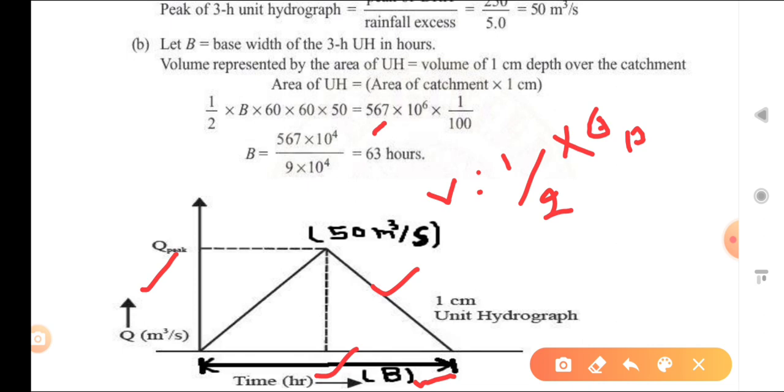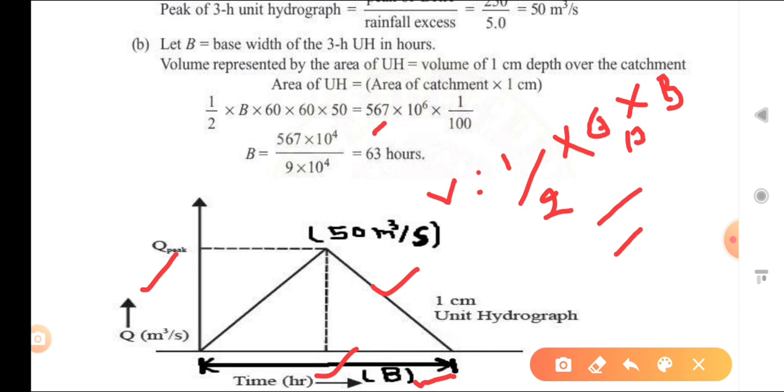Okay, peak discharge. And then how are we writing the area of the triangle? That is 1 by 2 QP multiplied by B, and that is the volume. Volume again is area multiplied by depth.